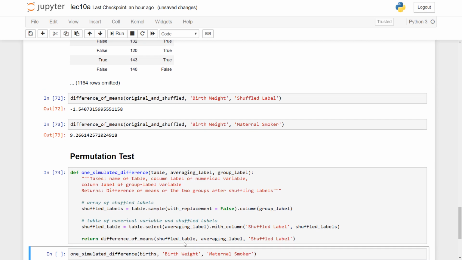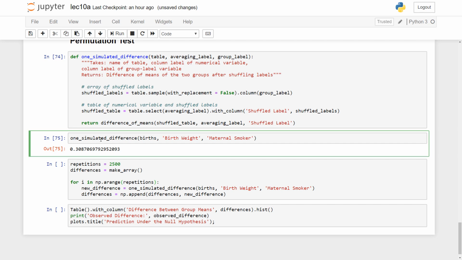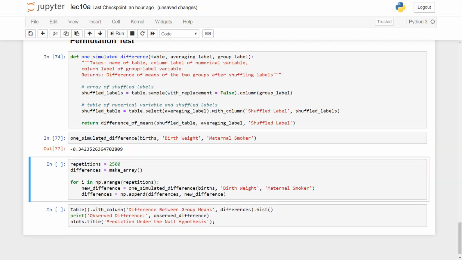Okay, now let's try this function once with the original, of course, two columns. Remember that within the function we will do the shuffling. So if we do that once, we get 0.3. Remember the previous sample, we got minus 1 point something. Now we got 0.3. If we call it again, we get minus 1.8. Again, minus 0.34.